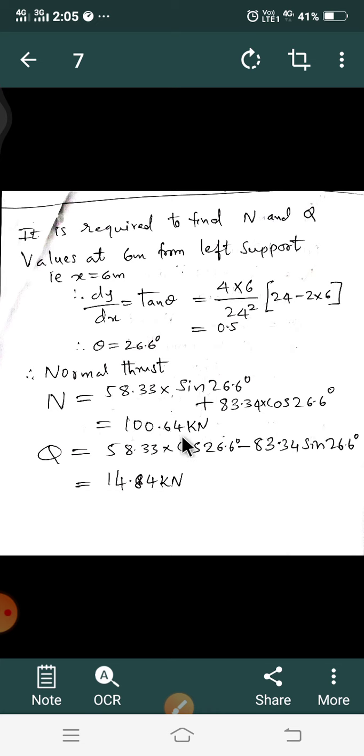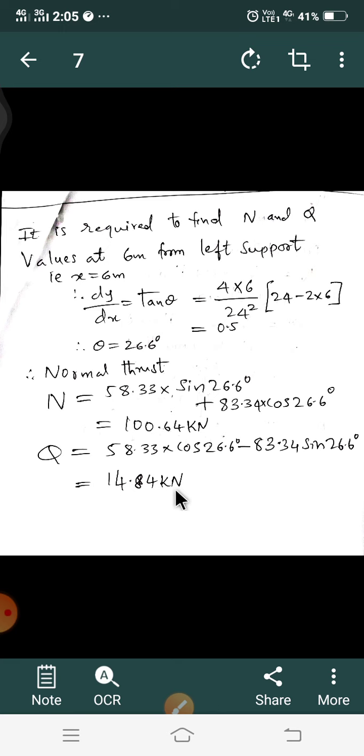So this value is 100.64. Similarly, you can calculate Q using the formula V cos theta minus H sin theta. So 58.33 into cos 26.6 minus 83.34 into sin 26.6. I am getting 14.84 kilonewton. So this is the end of the solution.